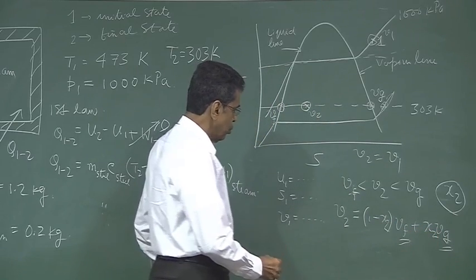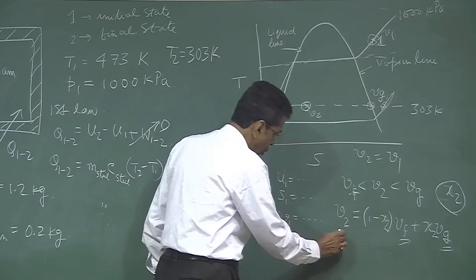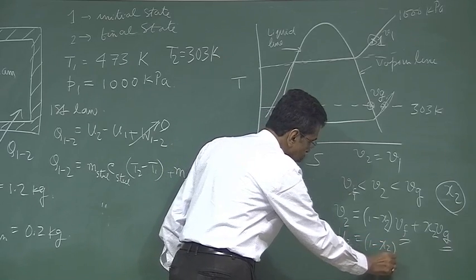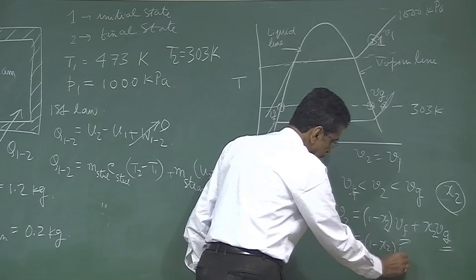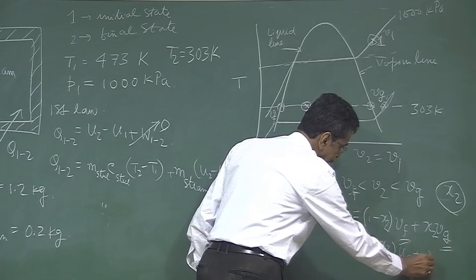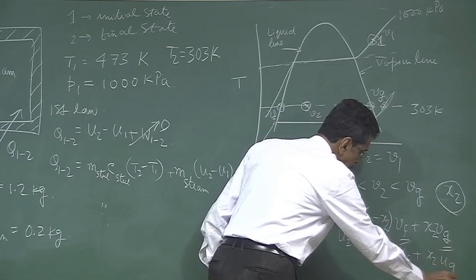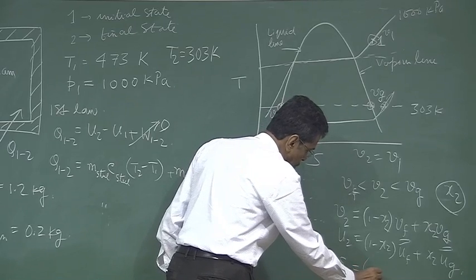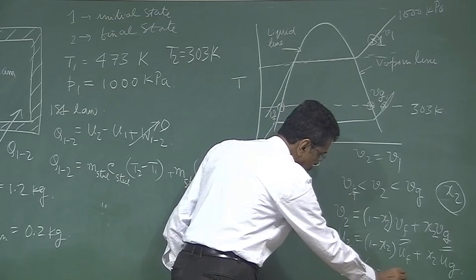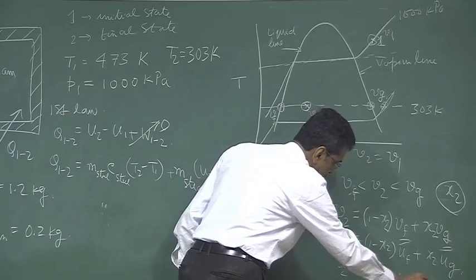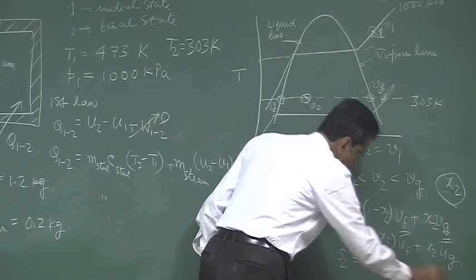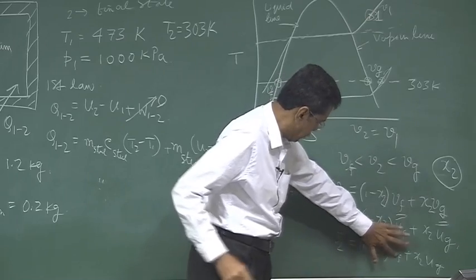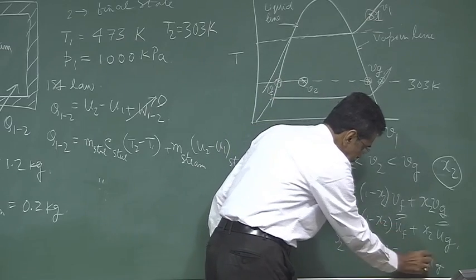When we know x2, for u2 also we can find out: (1 minus x2) into uf plus x2 into ug. And for S2, specific entropy, (1 minus x2) into Sf plus x2 into Sg.